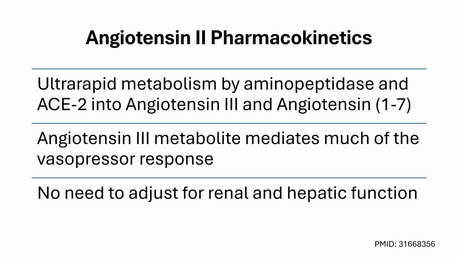When given as a medication, angiotensin II undergoes very rapid metabolism by aminopeptidases and angiotensin converting enzyme type 2 into angiotensin III and angiotensin 1,7. Angiotensin III actually mediates most of the vasopressor response of this medication, and there is no need to adjust the dosing for renal or liver function.